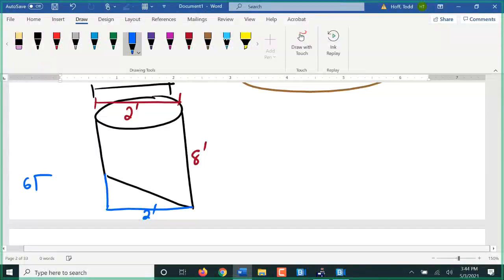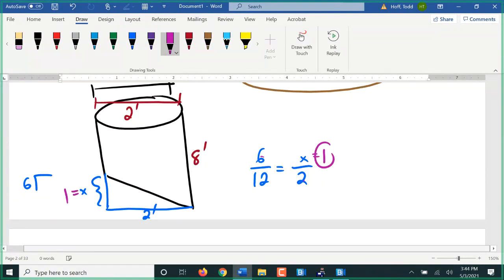The 6/12 slope. 6 over 12, I'm going to call this here x for now, equals x over 2. What's x have to be? 6 times 2 is 12, divided by 12 is 1. That's 1 foot, which means this height on the short side is 8 minus 1, 7. That height is 7 feet on the short side of the chimney.